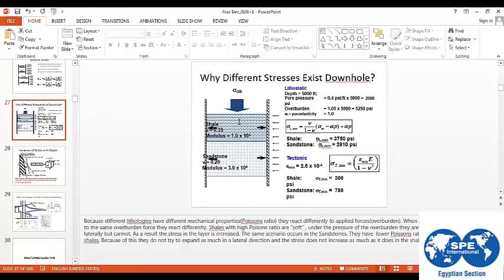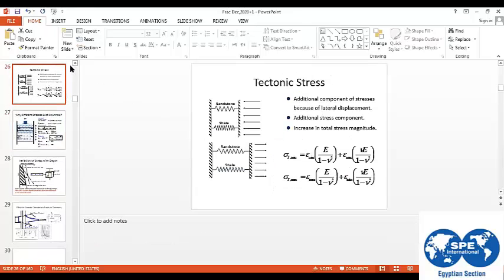Each one of them has Poisson ratio and Young's modulus with different values. However, both of them are holding the same overburden stress. If we calculate the total stress of the rock, for the shale and sandstone it will be different. According to what? According to the Young's modulus and Poisson ratio itself, according to the lithostatic equation and the lithostatic stress and the tectonic stress, as we explained in this slide.